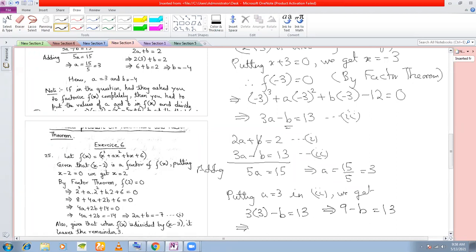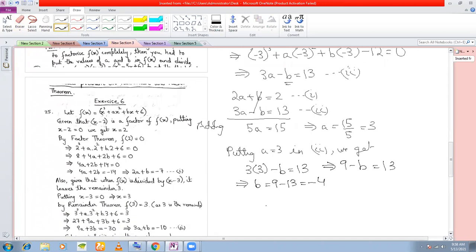That means b must be equal to 9 minus 13, which is equal to minus 4. And so you have got the values of a and b. So therefore, hence, a is equal to 3 and b is equal to minus 4. Fine.